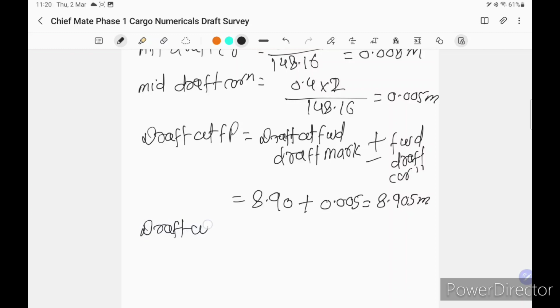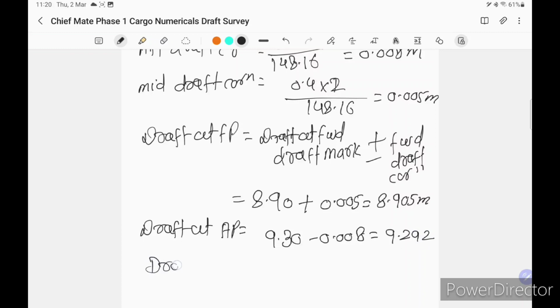Same for draft at aft perpendicular: draft at aft draft mark plus or minus aft draft correction. Our trim is by stern and the aft draft mark is 3 meters aft of the aft perpendicular, so 9.30 minus 0.008 is equal to 9.292.